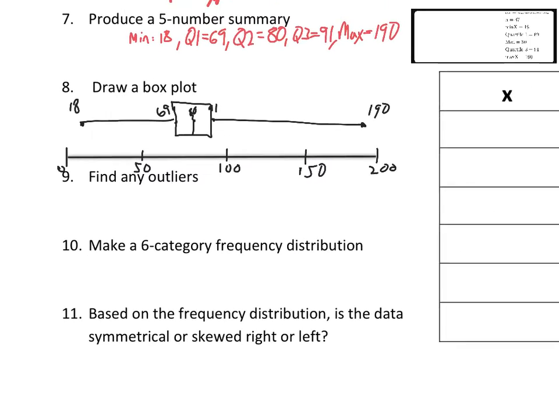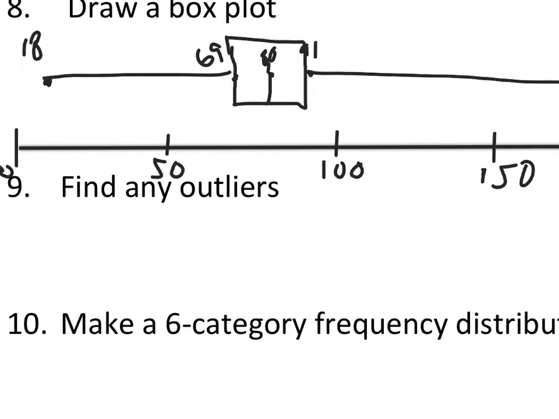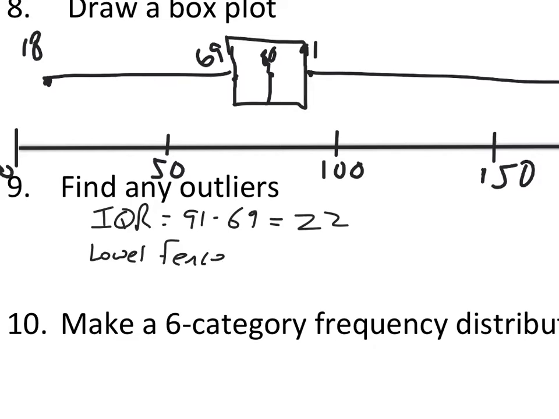So for our outliers, now we have to find our IQR. Our IQR is 91 minus 69, which is 22. So we need to find our fences. Our lower fence is Q1, which is 69, minus 1.5 times 22.